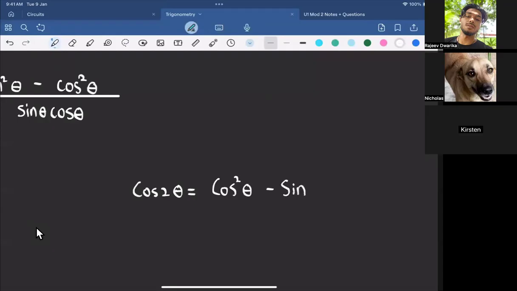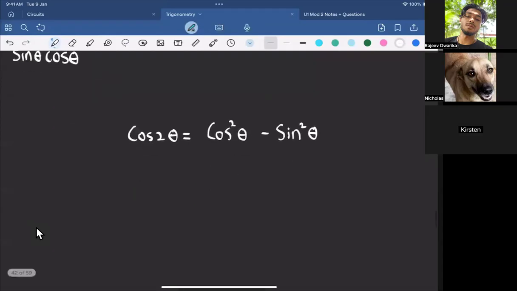Let me try something now. Let me try making it negative. Let me see what negative cos 2 theta is equal to. This is a tough question. You really had to see the vision. So minus cos 2 theta, that would mean I put this in brackets, so that'll be minus cos squared theta minus sine squared theta.